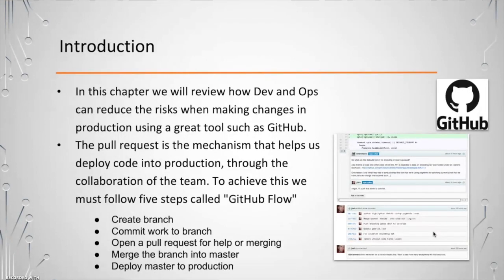So in this chapter we will review how developers and operations can reduce the risk when making changes in production using a great tool such as GitHub.